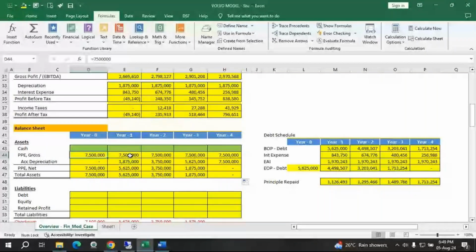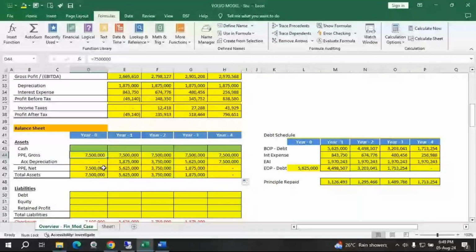In this, the accumulated depreciation, how much it is happening, we are going to calculate. After this, the PPE net: the value of the bus minus the depreciation gives the PPE net. In the beginning, year zero, the cost of the bus remains the same because we haven't started using the bus. From year one, after the depreciation, what is the amount?